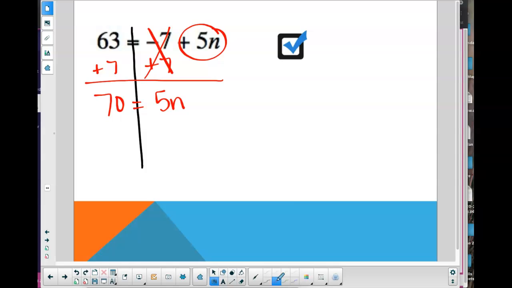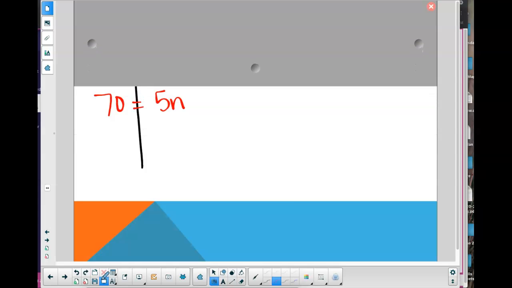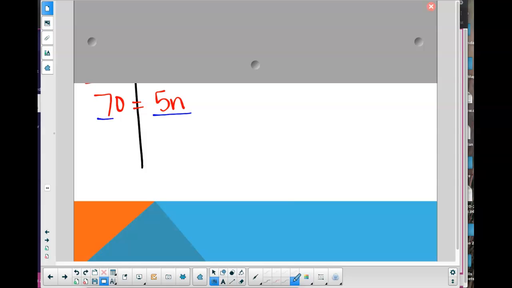Now, if I take a look at this equation, and we only look at this much, well, that looks pretty easy. That's what we did yesterday. How do I get the n by itself? Divide by 5.